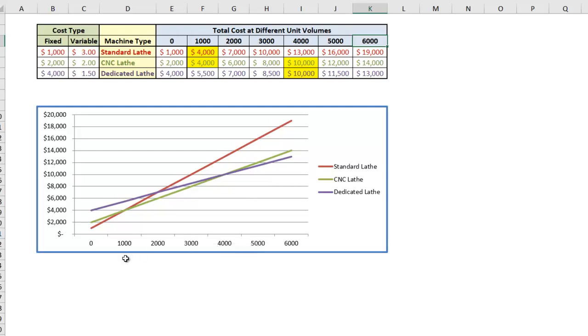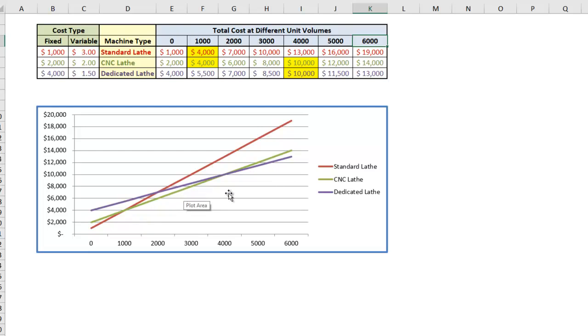So for volumes up to 1,000 units, we are best served by buying a lower cost machine, the standard lathe, where the red line is the lowest line up to 1,000 units. From 1,000 units up to 4,000 units, the green line representing the total cost at those volumes for the CNC lathe is the lowest total cost, and so that would be the best option if we anticipated our unit volume being somewhere between 1,000 and 4,000 units.